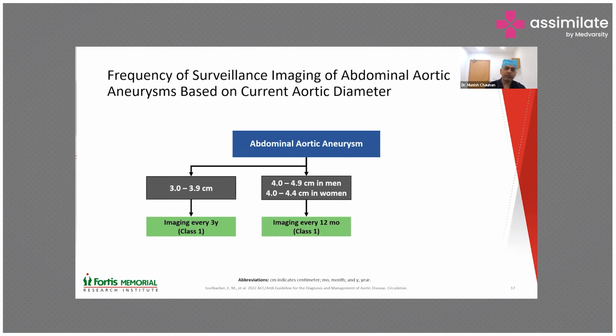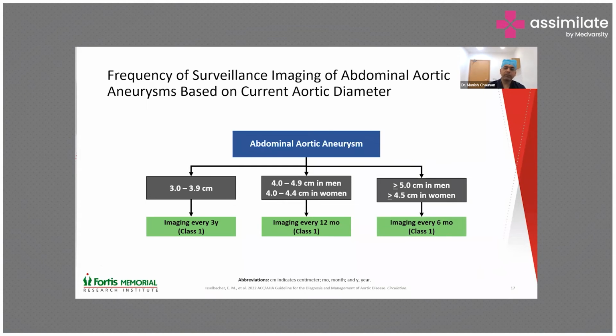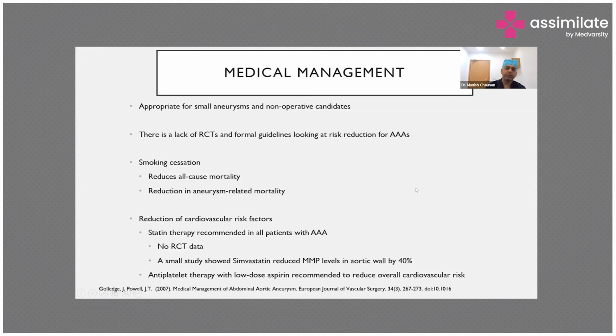Men are more predisposed. If it is up to 5 centimeters in men or 4.4 centimeters in women, yearly imaging needs to be recommended. If it is more than 5 centimeters in men and more than 4.5 centimeters in women, we go for six-monthly imaging, because that is the category where chances of rupture are the maximum.